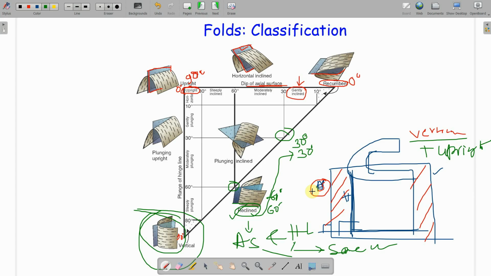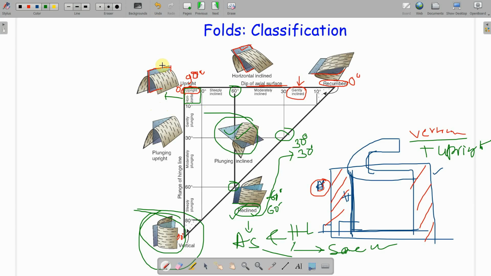Now another example has been presented here. If the plunge of the hinge line is 30 degrees and dip of the axial surface is 60 degrees, then the fold will look like this. So the classical fold I used to draw from class 1, that upright fold, the upright horizontal fold.